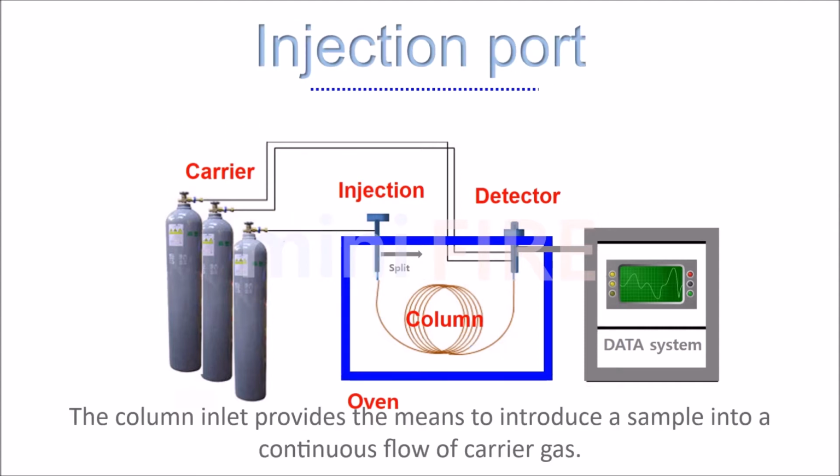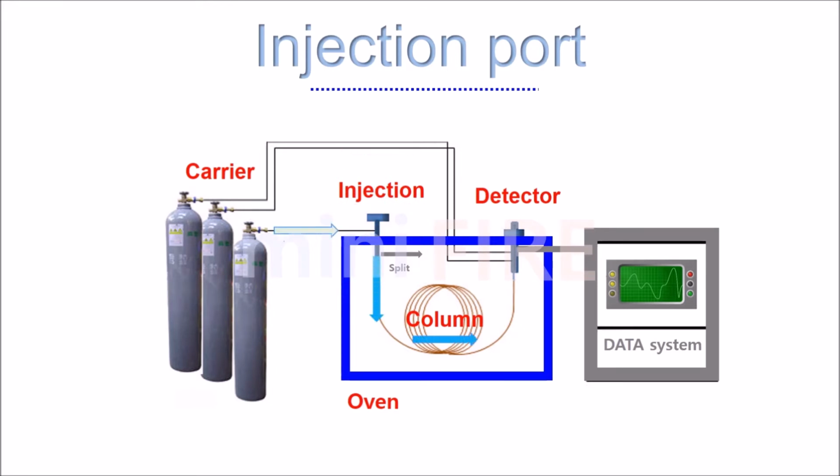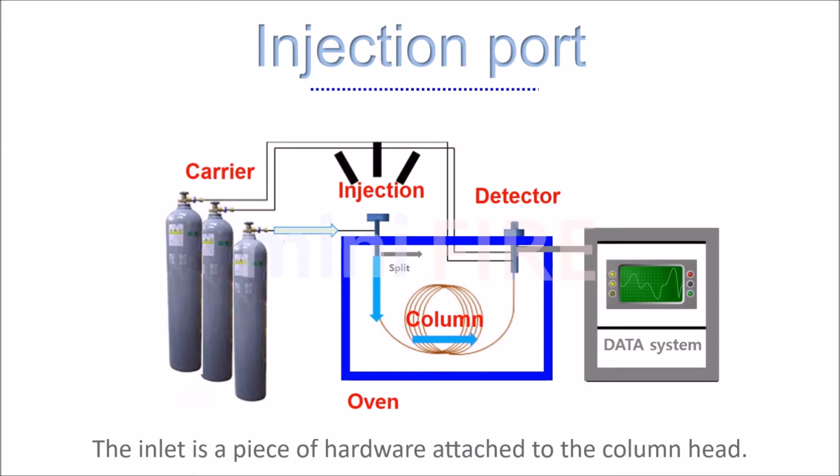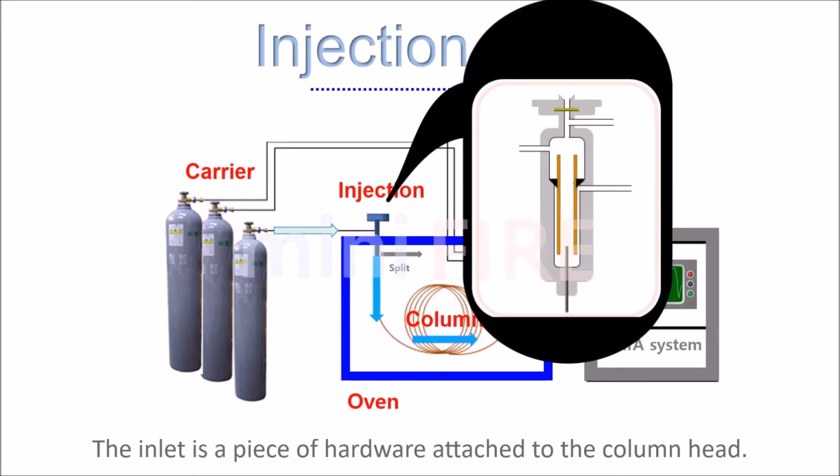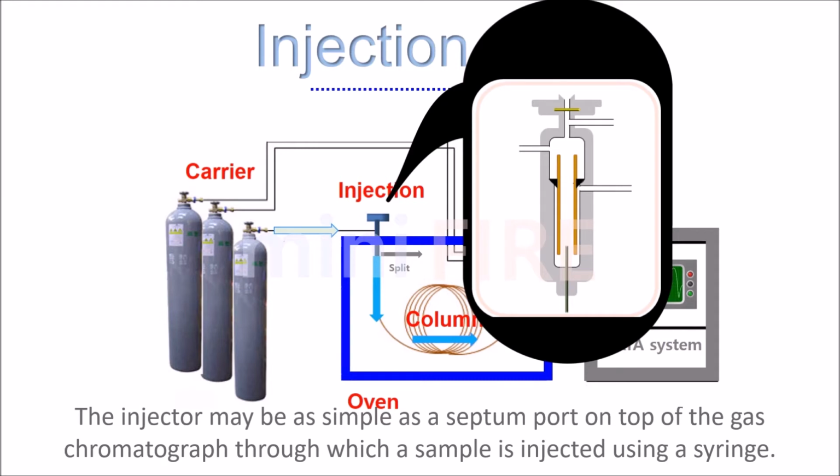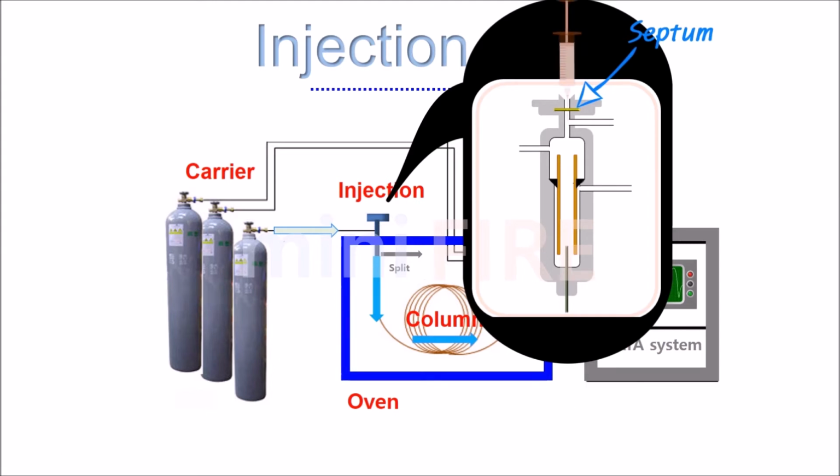The column inlet provides the means to introduce a sample into a continuous flow of carrier gas. The inlet is a piece of hardware attached to the column head. The injector may be as simple as a septum port on top of the gas chromatograph through which a sample is injected using a syringe.